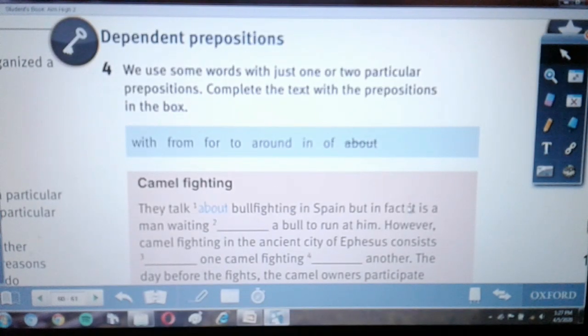Now, move on to dependent prepositions part. This time, we need to use some words with just one or two particular prepositions. Complete the text with the prepositions in the box. By the way, why these prepositions are called dependent prepositions? Because they are determined by the preceding word.